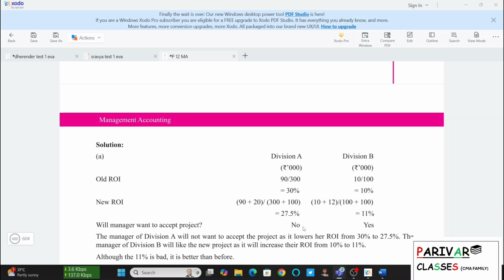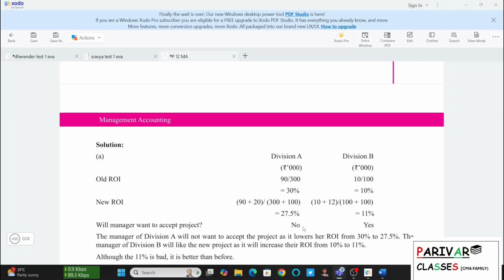That means by accepting the new project, division A's ROI is decreasing by 2.5 percentage. Whereas in case of division B, after accepting the new project, its ROI is increasing up to 11 percentage. That is 1% extra.